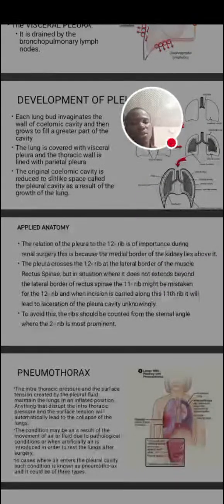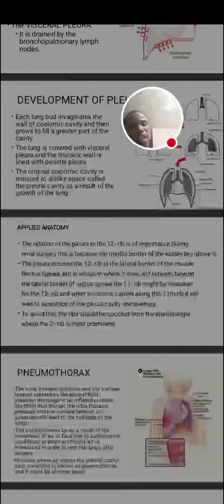Applied anatomy: the relation of the pleura to the 12th rib is of importance during renal surgery. This is because the medial border of the kidney lies above it.